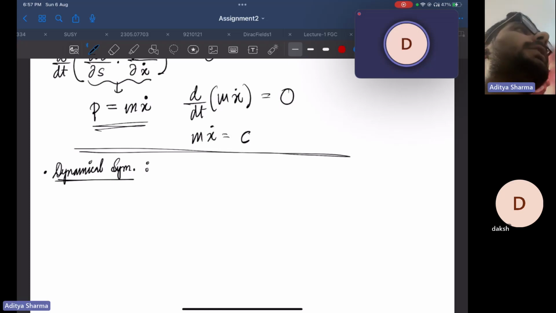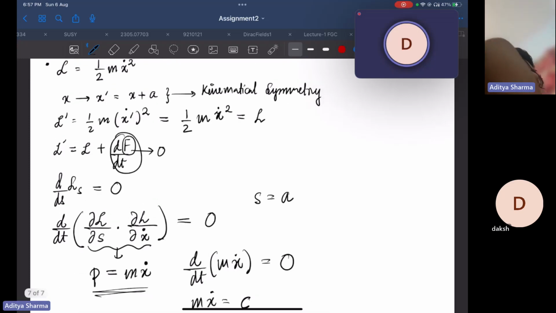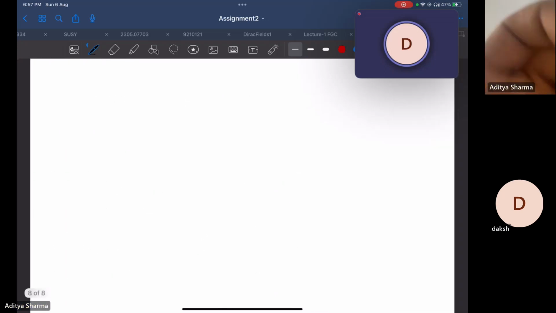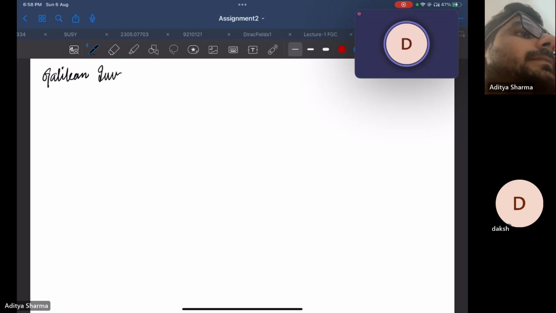Yes. So I'll work out a very nice example along with you to explain my point. We'll find what we call Galilean invariance.